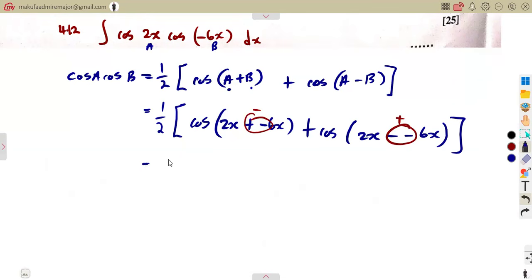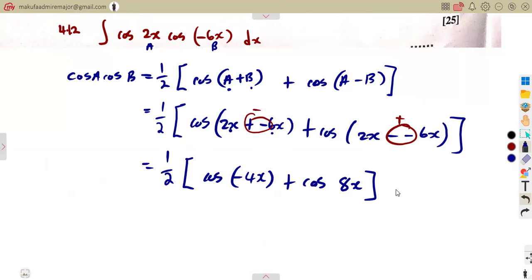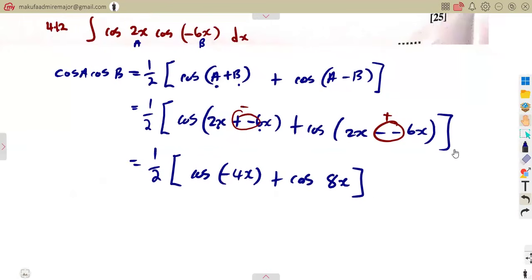So you are going to obtain half of the cosine of 2 minus 6, which is minus 4x, plus the cosine of minus and minus, that's a plus, so 2 plus 6, that is 8x. Remember, guys, yes, this is trigonometry again.